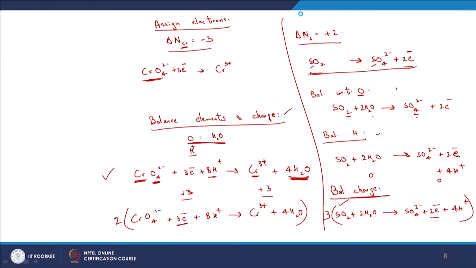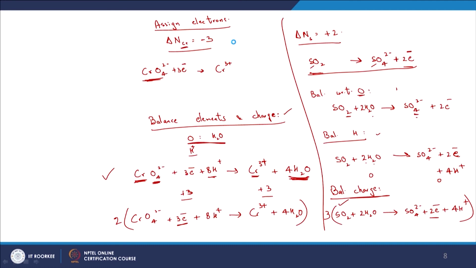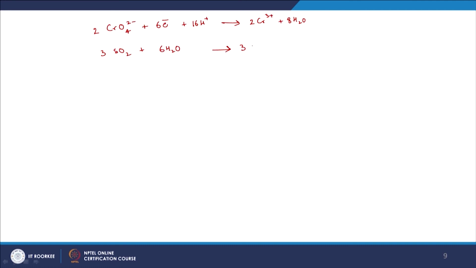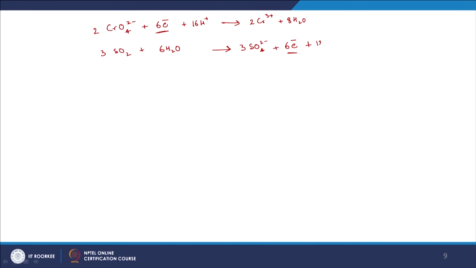And the other half reaction is going to be 3 SO2 plus 6 H2O equal to 3 SO4 2 minus plus 6 electrons, plus 12 H plus. Now you see that the number of electrons being gained and lost is the same.